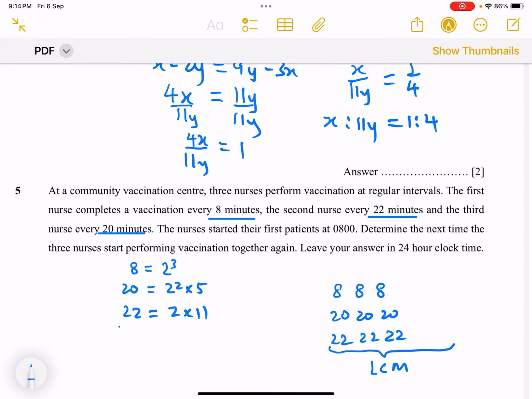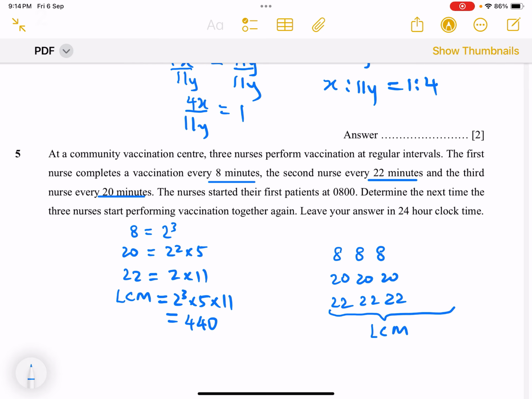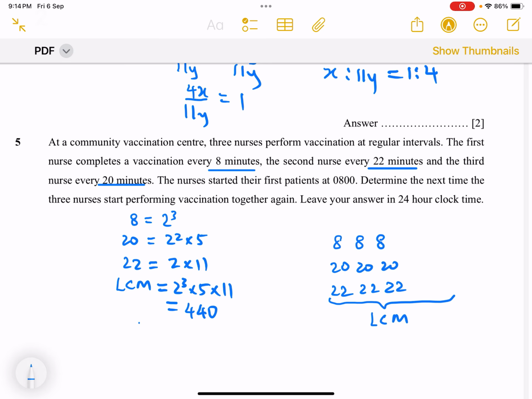Right, so the LCM, we pick the bigger power of each number, so every number must be considered, and that gives us 440.